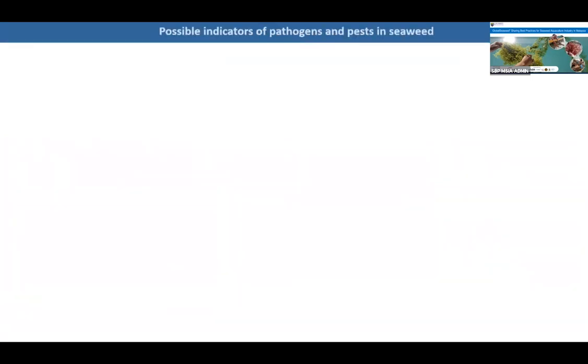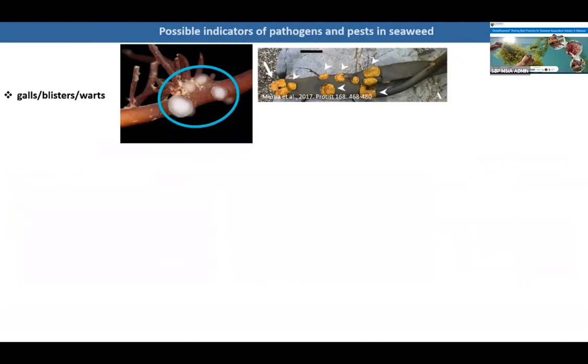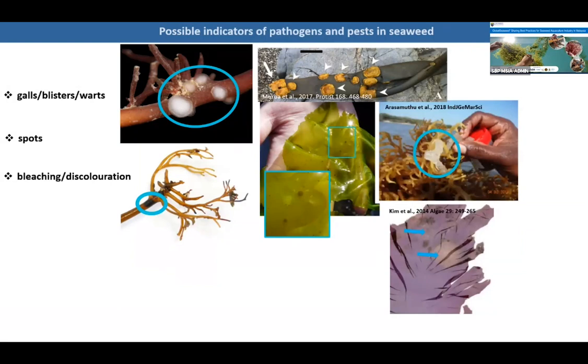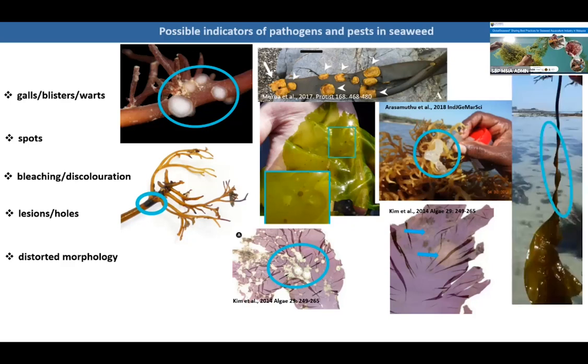There are some macroscopic signs that can indicate the presence of potential pathogens in macroalgae. So first of all, there are galls and blisters and warts as shown here. Then we can also distinguish spots, bleaching and discoloration, lesions and holes, and distorted morphology.